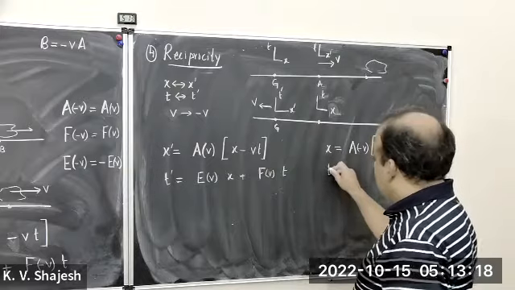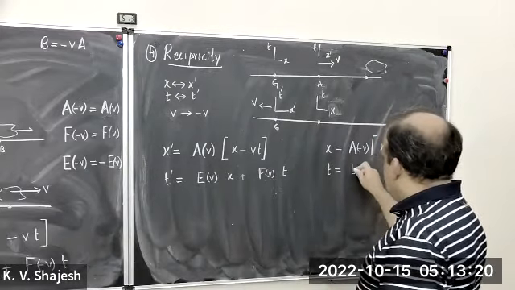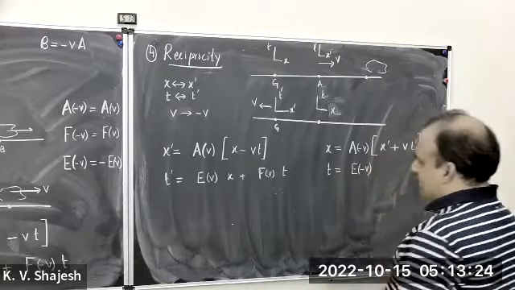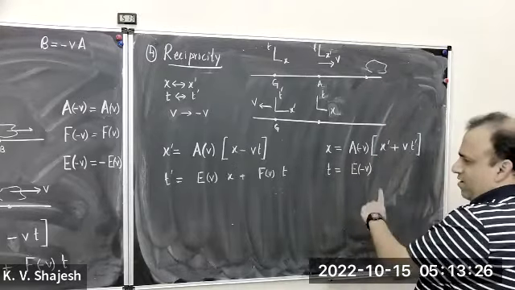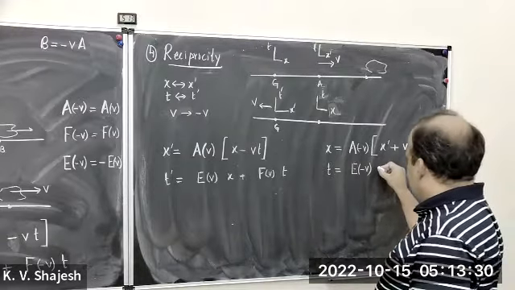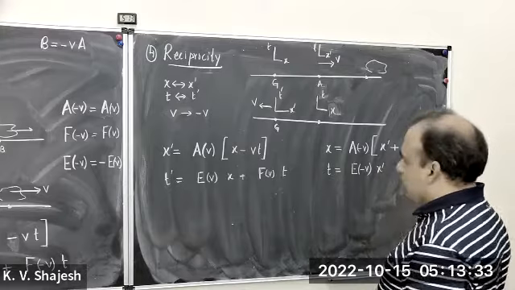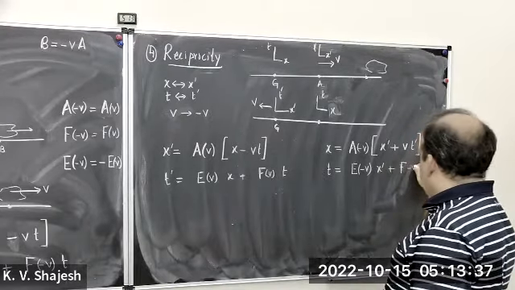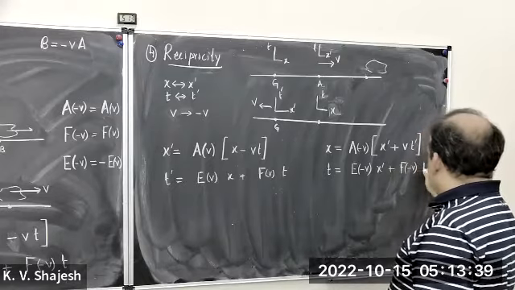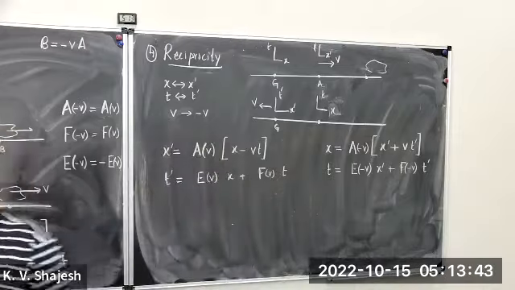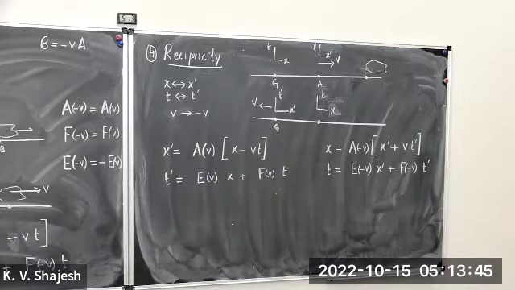So t is equal to e of minus v, and this is where I was saying I need that information of whether it is even or odd configuration, x prime plus f of minus v times t prime. Okay, that's it. Requirement there. Okay. Clear?